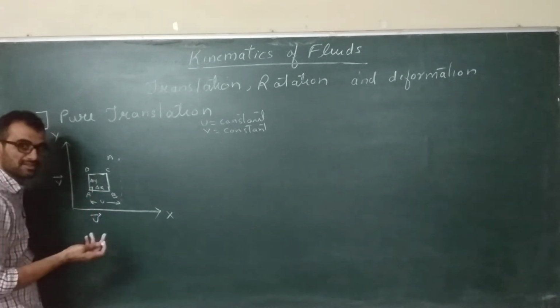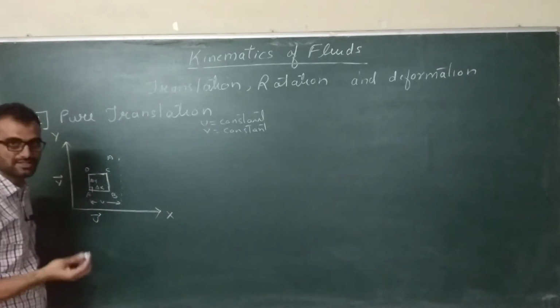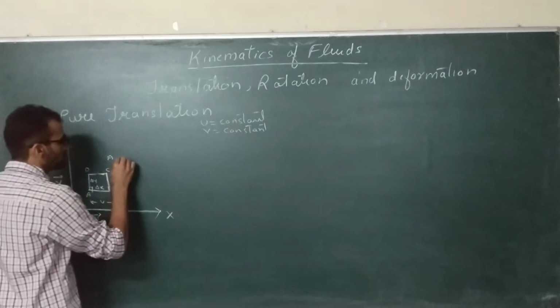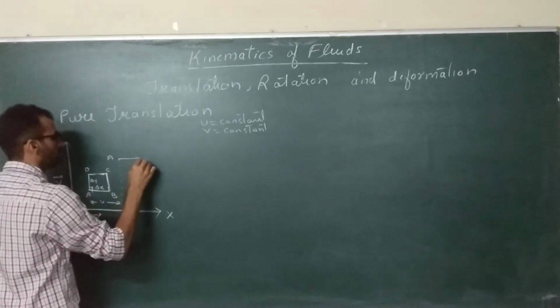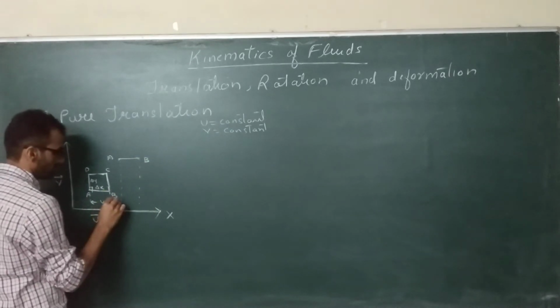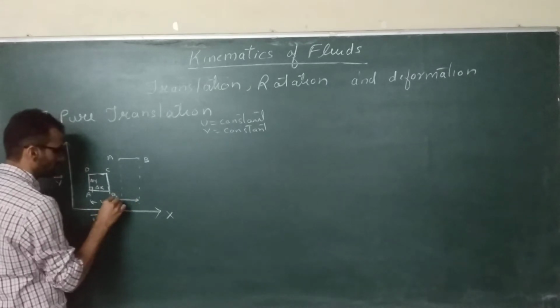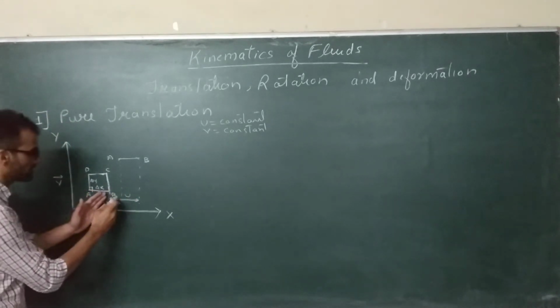B will also travel a distance of U in unit time. Why? Because U and V are constant, they are not changing in space. So B will also travel the same. So it will be B, and this distance is also U. So A is traveling U, B is also traveling U.